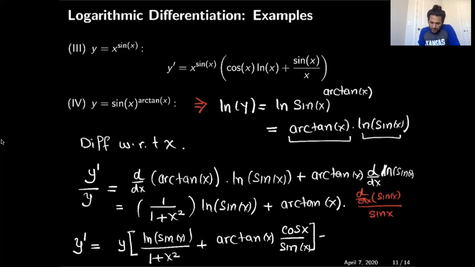So you will substitute the y value, which is sine x to the power arc tan x, and we will substitute this expression: natural log of sine x divided by 1 plus x square plus arc tangent x times tangent of x.